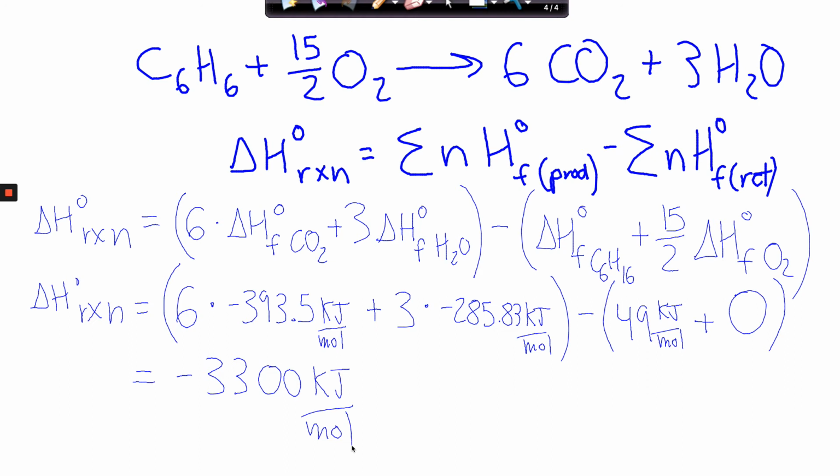And by the way, guys, if you're interested in how the units work out, the units on these numbers 6 and 3 are moles. So moles cancels moles, moles cancels moles, 1 mole cancels moles. Then you're left with kilojoules, and that's per mole of product. So, guys, I got negative 3,300 kilojoules per mole.